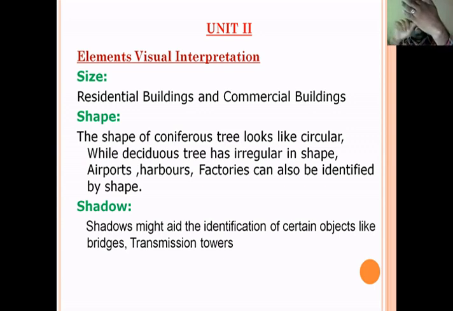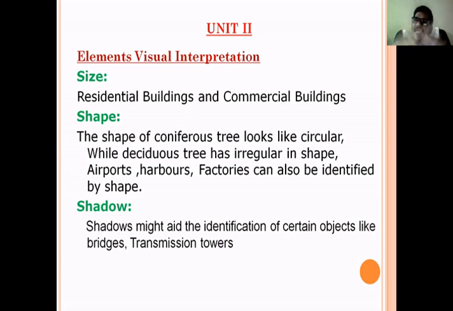By seeing the data, he can easily understand, oh, it might be a residential area, or else this is maybe a commercial area. How can he interpret it? See, the size of the commercial buildings is always larger than the size of the residential buildings.